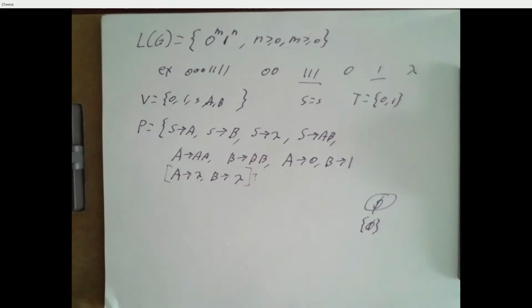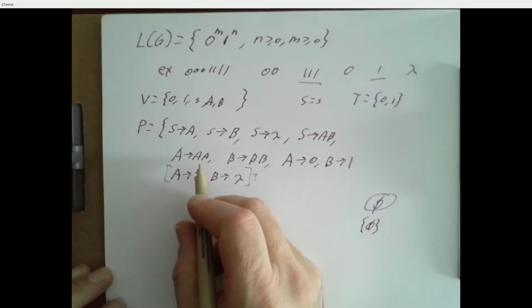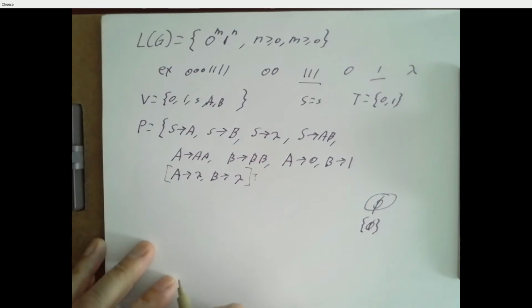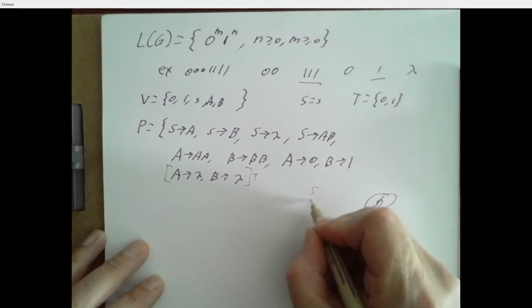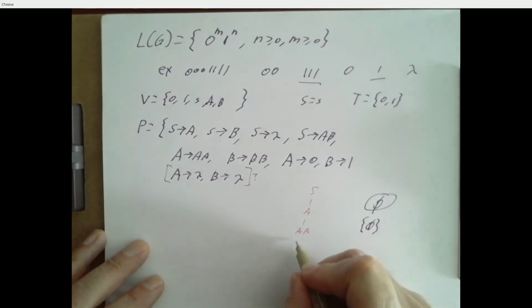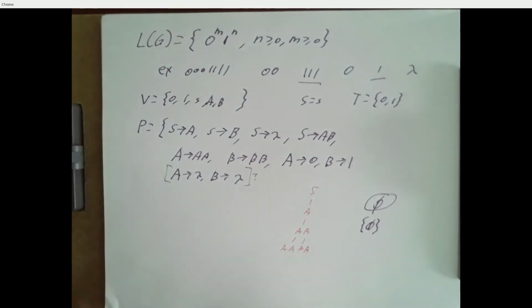We're saying that A can be replaced by A followed by A, right? So if we were to try to make one of these derivation trees we've been doing, we could start with S, we could replace that with A, which could be replaced with two A's, which could be replaced with more A's.